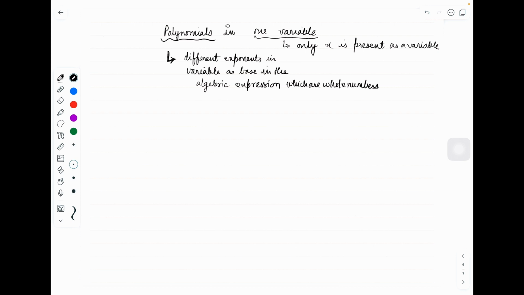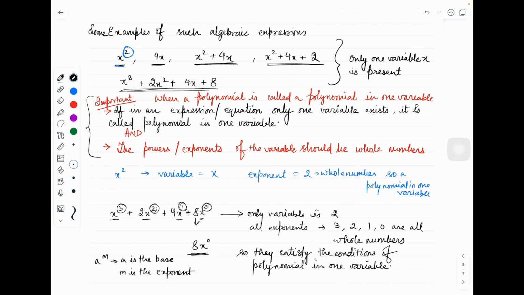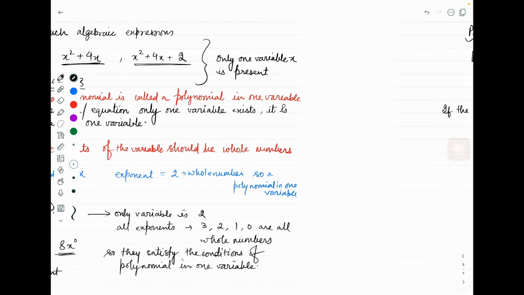Now this is C. Polynomials can be written with other variables too. If the variable is y, the polynomial expression looks like this. Here we wrote x cube plus 2x square plus 4x plus 8.